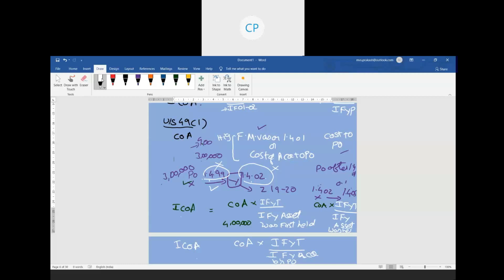The only change is in the cost of acquisition, where fair market value or cost, whichever is higher, is considered. Rest of the things, there is no change. So even as per the Mumbai High Court, I have to consider the index value for the year of transfer divided by the index value for the year in which the asset was held by the previous owner. That is the calculation of your index values. That's it.